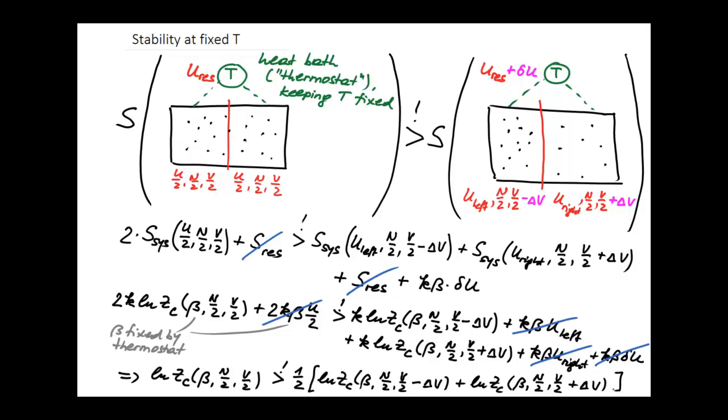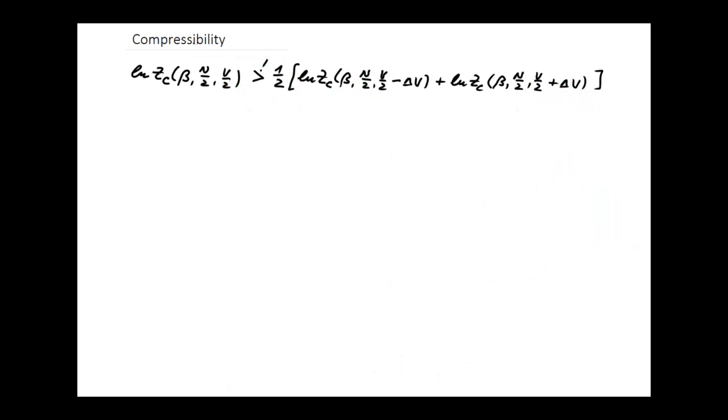You see you have a structure that is very similar to the condition that we had previously for the entropy. Now we have this condition for the log of the canonical partition function. Again, it will lead to concavity, but this time concavity of the log of the canonical partition function. On the previous page, we had derived this inequality that involves the log of the canonical partition function.